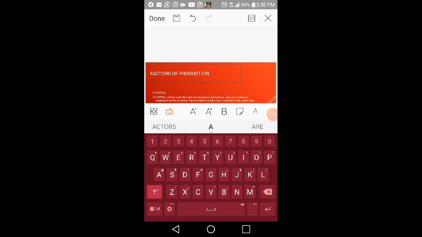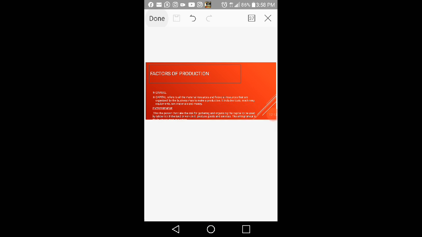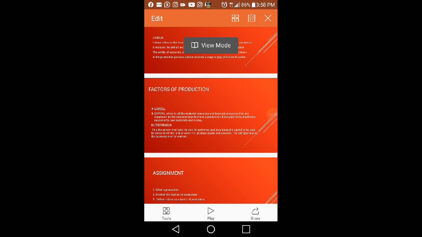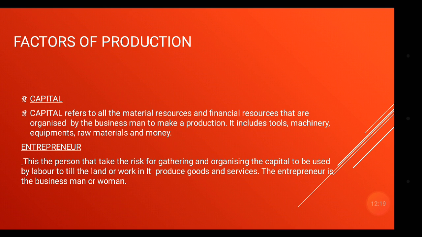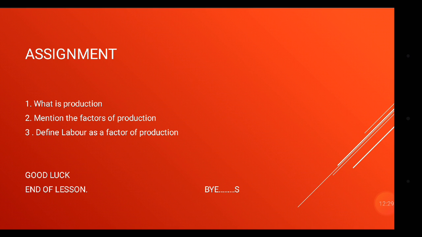And these are primary production, secondary production, and then tertiary production. In our next lesson, we'll be discussing these three forms of production in sequence, one after the other.